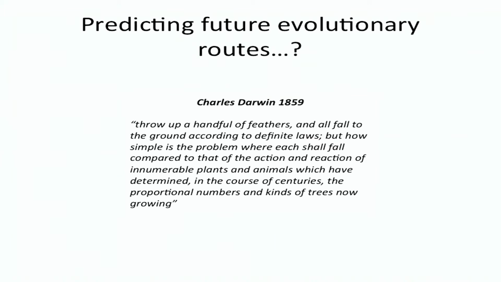But how simple is the problem where each shall fall, compared to that of the action and reaction of innumerable plants and animals which have determined in the course of centuries the proportional numbers and kinds of trees now growing. So he was pondering whether evolution was predictable, and I think you can tell from what he's saying here that he doesn't think it is.